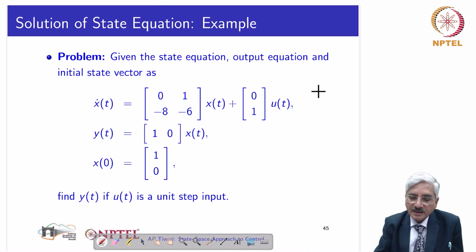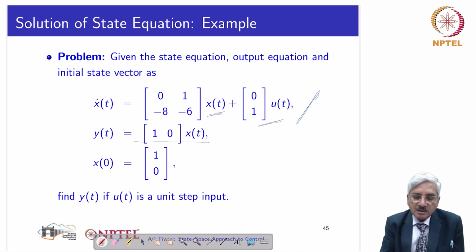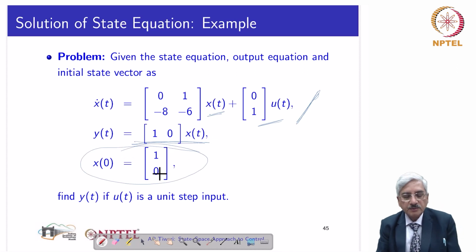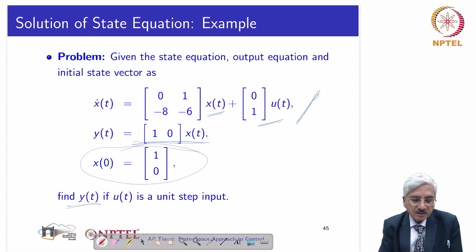So we consider this second order equation x dot equal to 0, 1, minus 8, minus 6 xt plus 0, 1 ut, and yt is 1, 0 xt. The given initial state at t equal to 0, x0 is 1, 0, and we have to obtain the time response solution of the output if the input is a unit step.